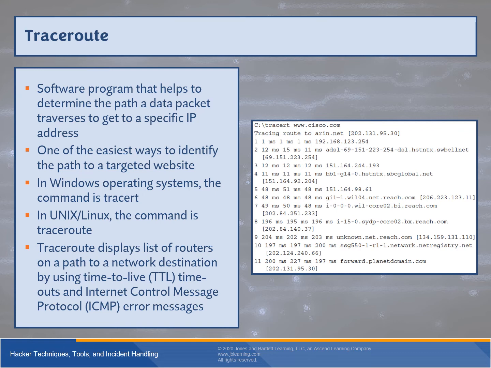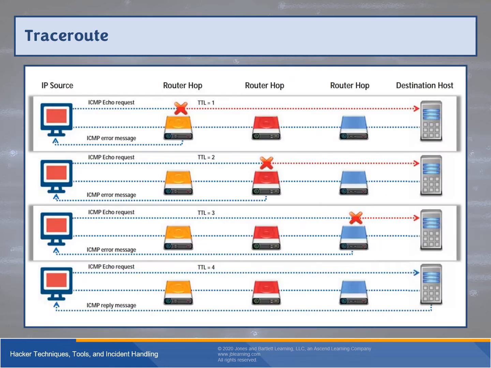So to identify the path to a site, what routers are we going through, what servers are we going through, we type in the IP address, and it bounces one packet to the first stop, one packet to the second stop, one packet to the third stop, again and again. How does it know first and second and third? Well, as the route is constructed, it sends a packet with a TTL of 1. So that means it reaches the first device, it dies, and it sends back an error message. The second one has a TTL of 2, so it reaches the second one, dies, and sends back an error message. So let's visualize that.